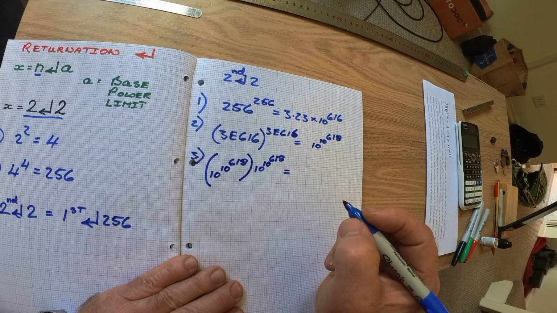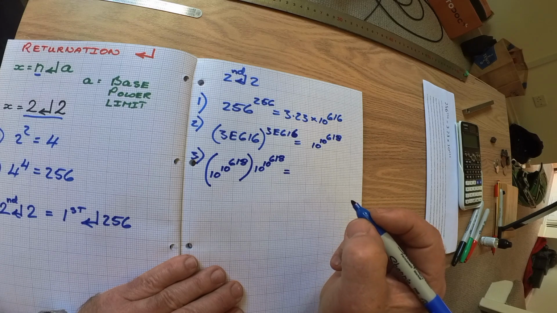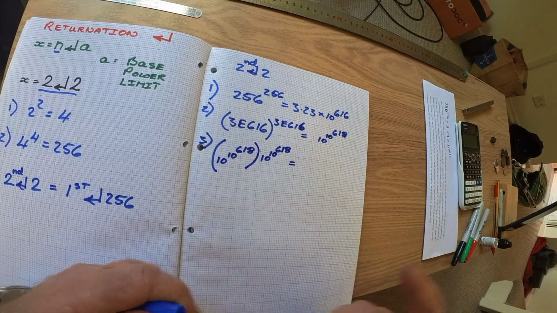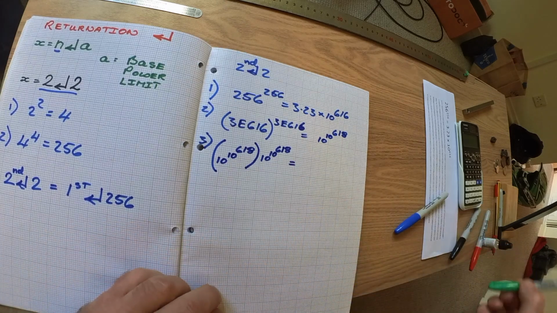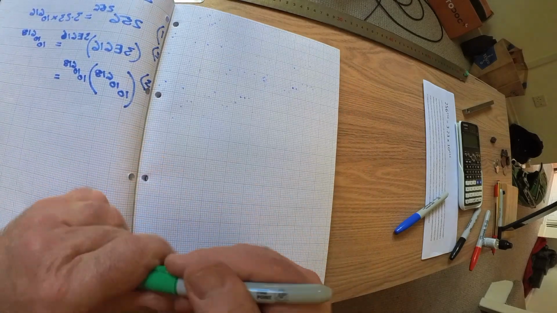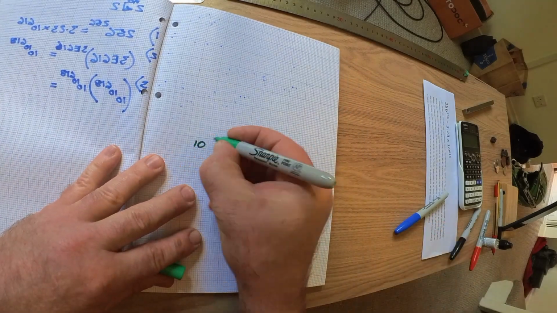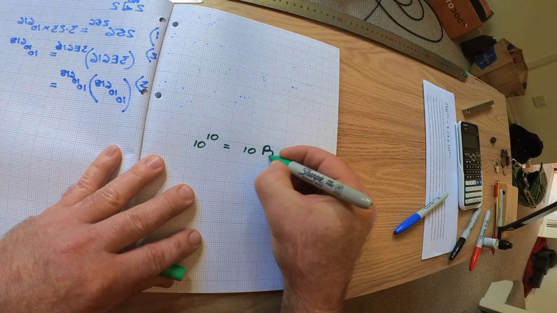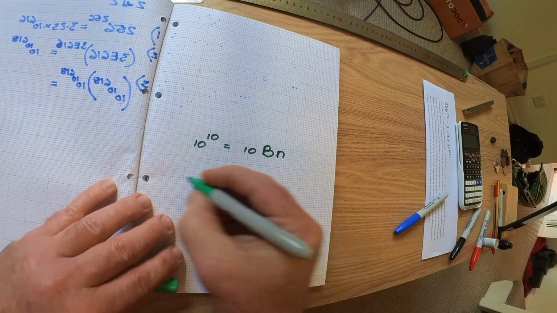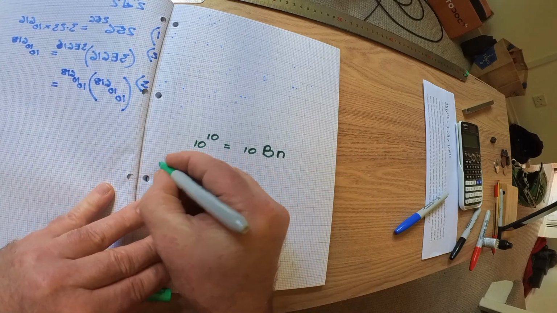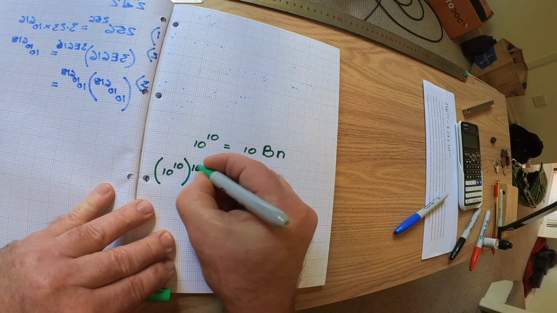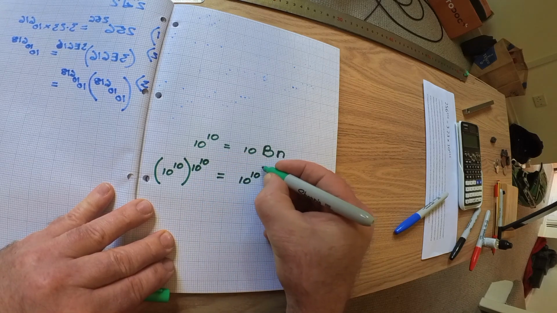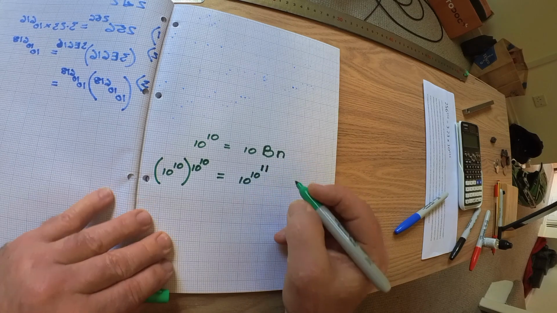Now, I'm going to start estimating and using tricks because these numbers just get way too big. Let me show you. If we go with 10 to the power of 10, that equals 10 billion. 10 to the 10 to the power of itself equals 10 to the 10 to the 11.